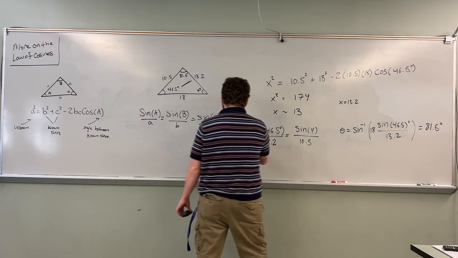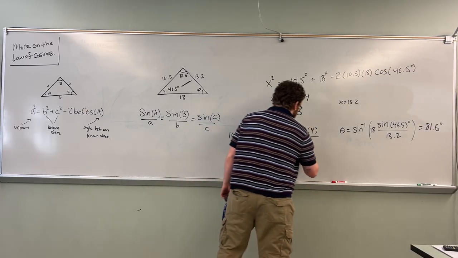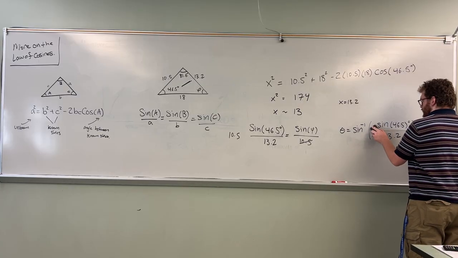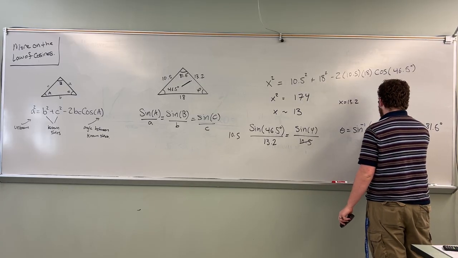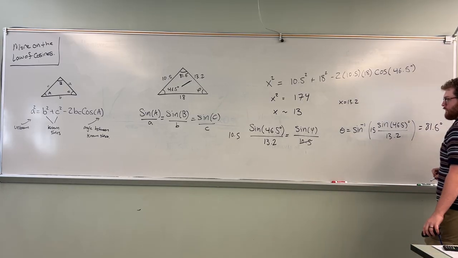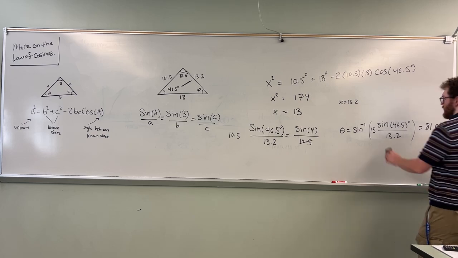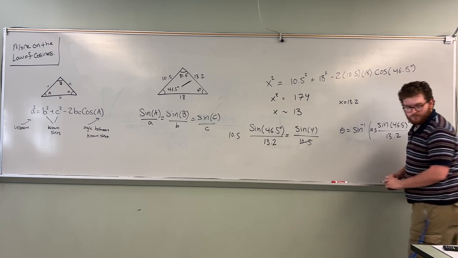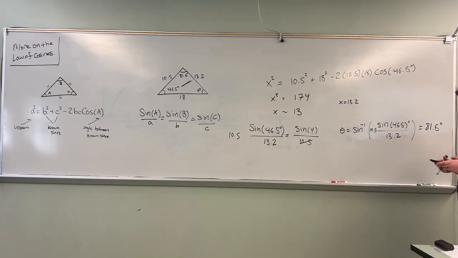Multiply the 10.5 over, and take the inverse sine on both sides. So this is going to be 15, or not 15, 10.5, my bad. 10.5. And that's all I have to change.